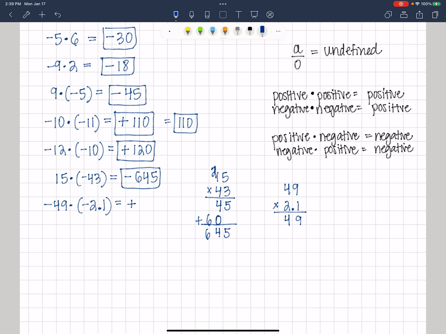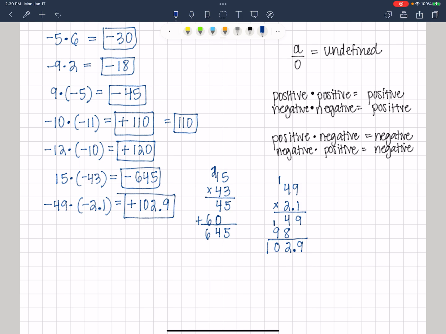Then we have 2 times 9 is 18. Bring down the 8 and carry that 1. 2 times 4 is 8, plus 1 is 9. 9 plus 0 is 9. 4 plus 8 is 12. Carry the 1. 1 plus 9 is 10. We had 1 tenth place right here, so we're going to move in 1 place as well in our answer, and we get 102.9.